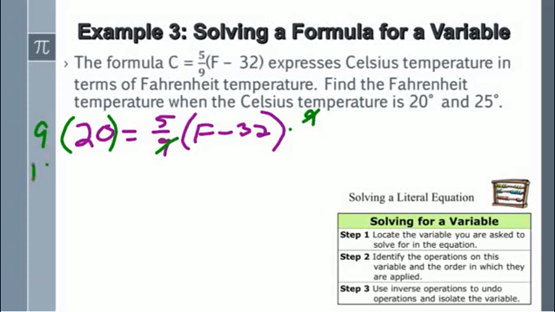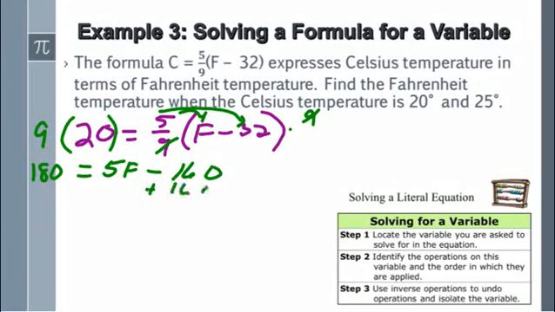So that gives me 180 equals, and then I distribute: 5 times F is 5F, 5 times 32 is 160. Now I solve for the Fahrenheit, so I add 160 to both sides.